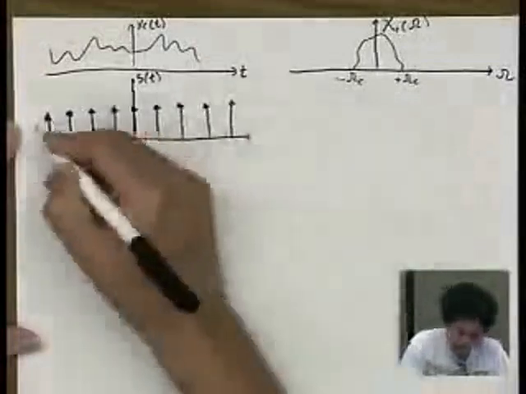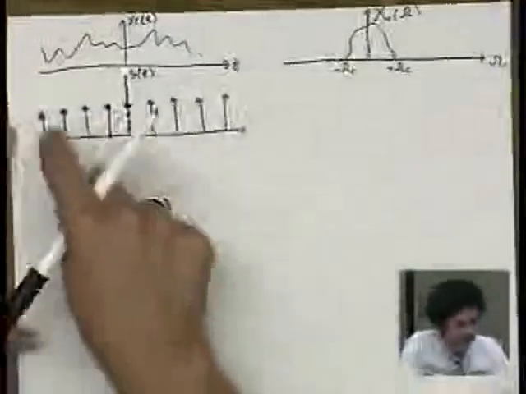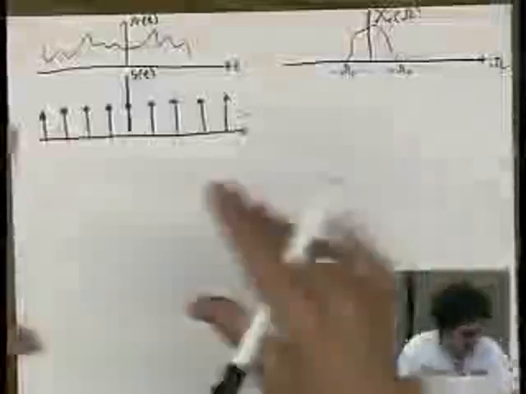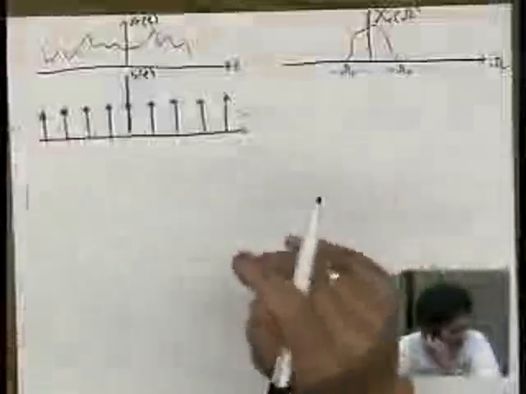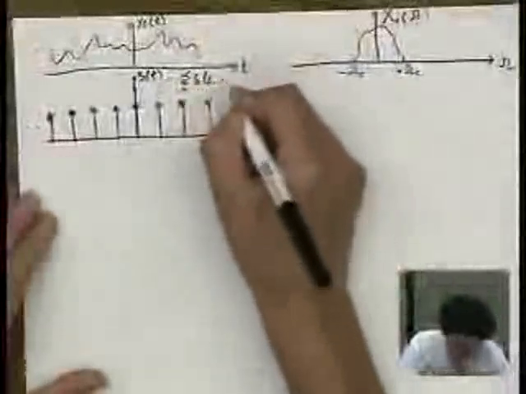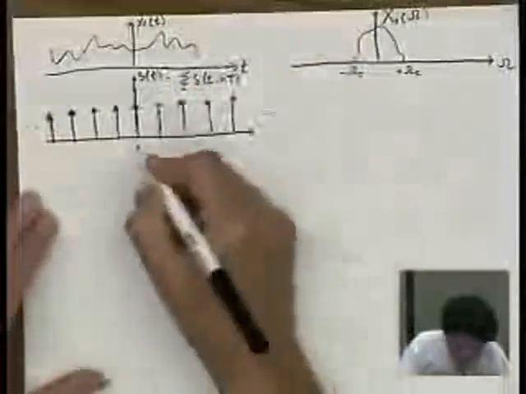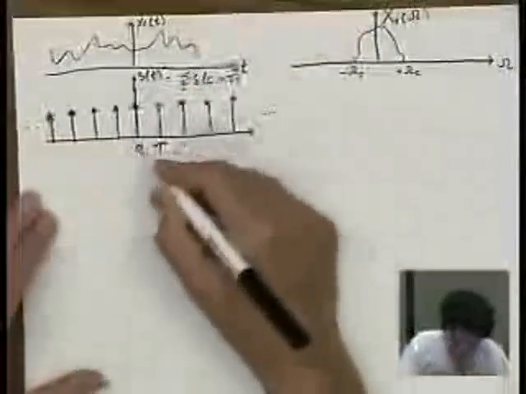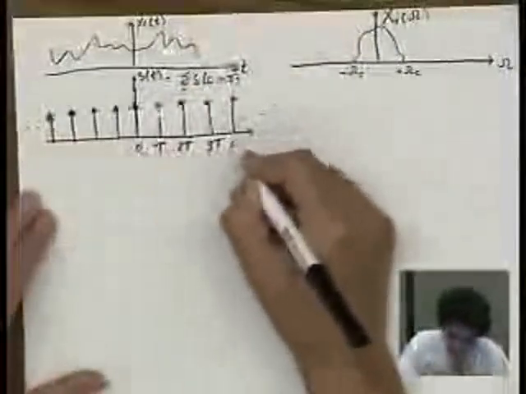Okay, and it goes on. When I say it's a train, that means it goes on both ways. And this is the summation over n of delta of t minus nT. And the distance between these guys is capital T. So 0, T, 2T, 3T, 4T, etc.